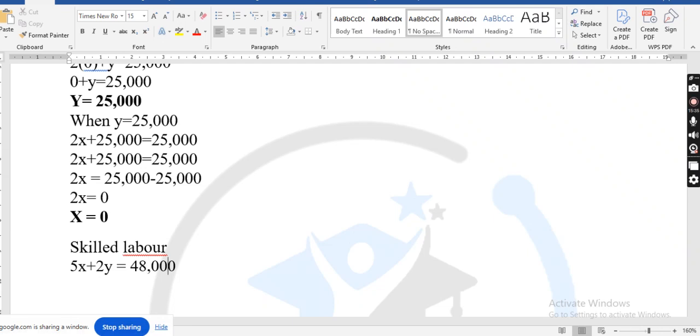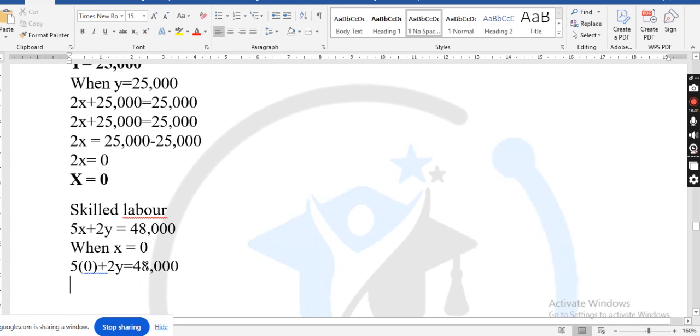So we do the same thing when x equals 0. What will be your y? So we can have 5 open bracket 0 plus 2y equals 48,000. 5 times 0 is 0, so we have 2y equals 48,000.